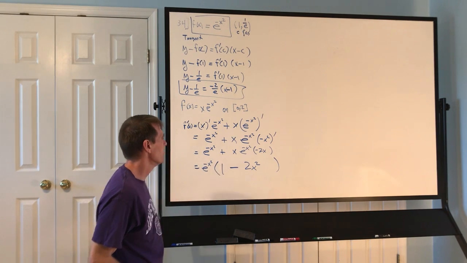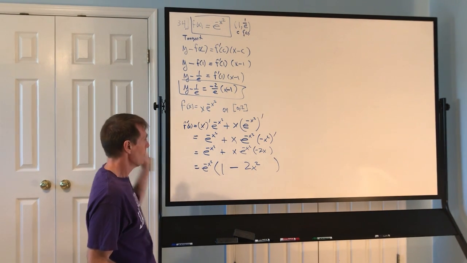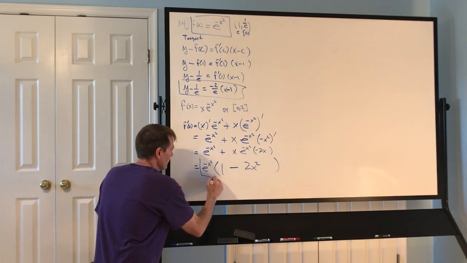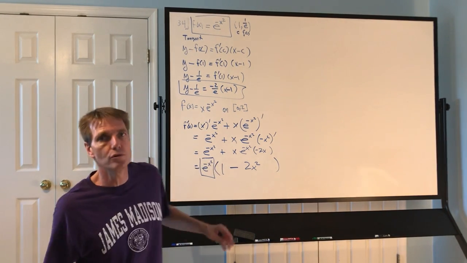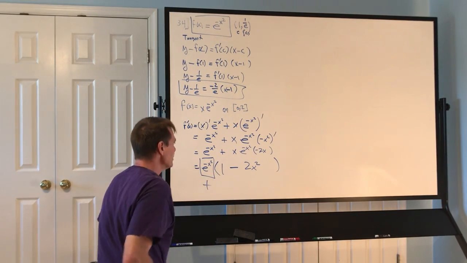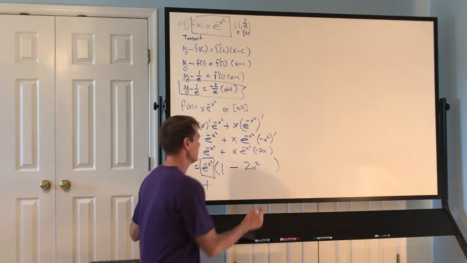Now this one's a little bit harder to factor. We're trying to find when the derivative is 0, but e to the anything is always positive. So this can't be 0. So the only way my derivative is going to be 0 is if this guy is 0.